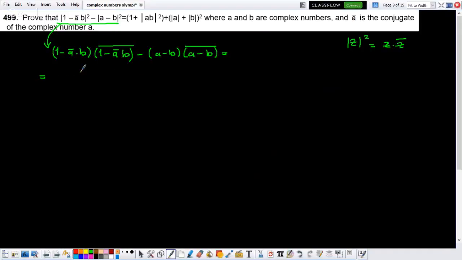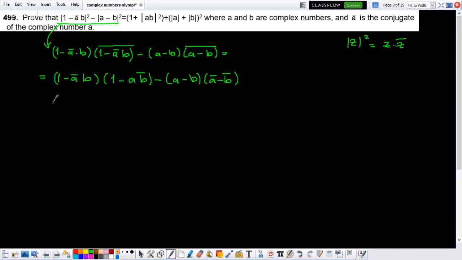If I first distribute these conjugates, it will be 1 minus a conjugate b times 1 minus a b conjugate. The conjugate of a real number is the same, and the conjugate of a conjugate gives back the original. Then minus a minus b times a conjugate minus b conjugate.